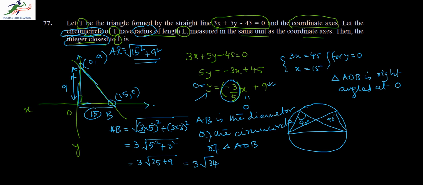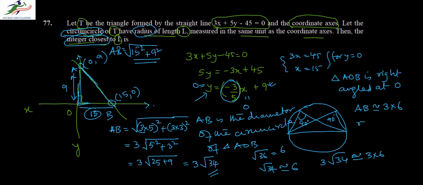So the root of 34 would be very close to 6, because we know that root 36 is equal to 6. Therefore root 34 would be very close to 6. So 3 into root 34 would be very close to 3 into 6. So therefore AB is very close to 3 into 6.